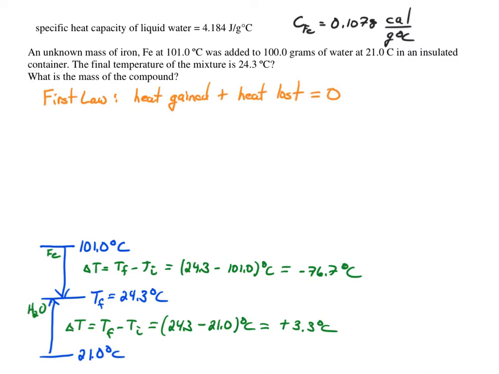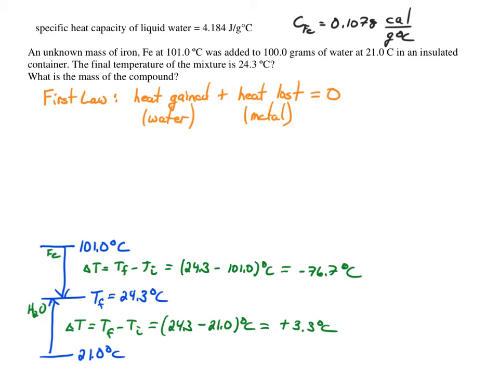The first law states that the energy of the universe is constant. When applied to calorimetry, it means that the heat gained plus the heat lost sums to 0. In this case, we see that the water bath is gaining heat, it's increasing in temperature, and the piece of metal is losing heat, it's decreasing in temperature.